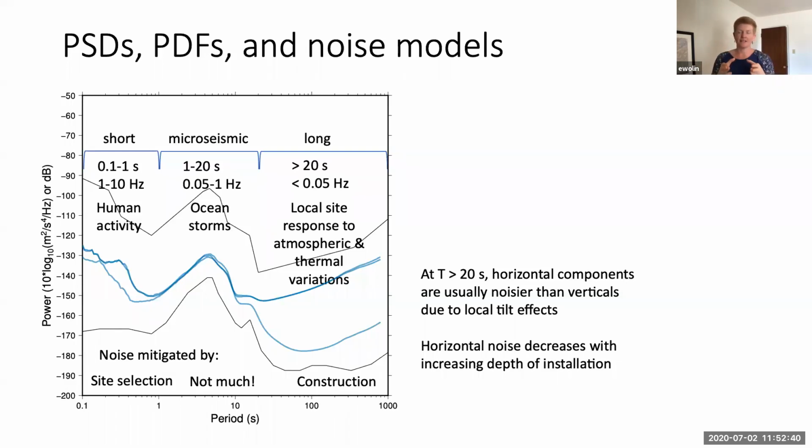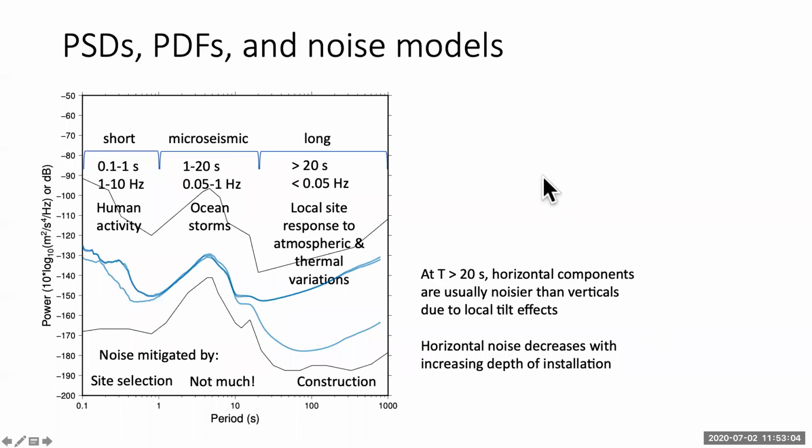So if you have a well-leveled sensor, tilting the ground will show up on that vertical axis much less than it will on horizontals. You'll see a small amount of tilt on the vertical, but it's really the horizontals that are sensitive to any local deformation. Thank you.